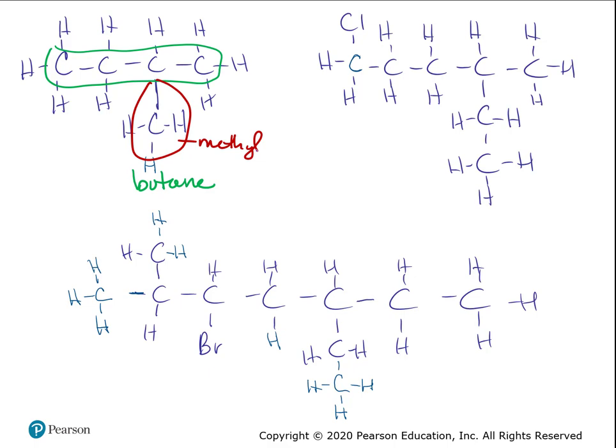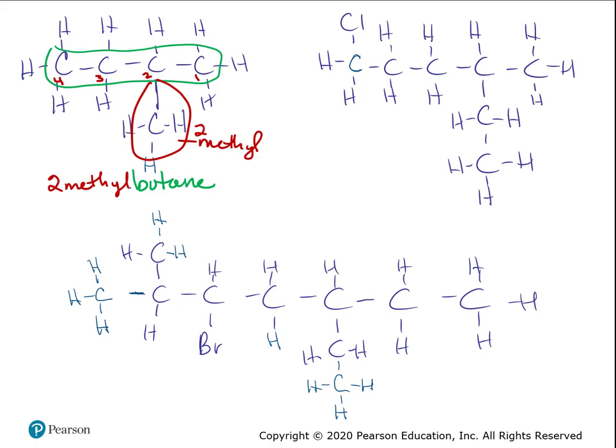Carbon number 2. Anybody not see that? If you start from the left and the right, coming from the right I get to my methyl group sooner. So that means I'm going to number it this way. Those numbers are just to indicate where the hanging groups are on the longest carbon chain. So this is going to be a 2-methyl. 2-methylbutane.